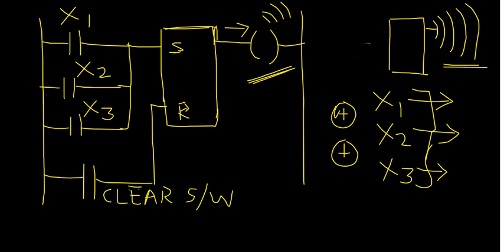That switch is connected to the reset part of the set reset coil, and ultimately that will make your motor turn off or turn on, whatever it is. Ultimately my requirement is to lift the barrier or bring the barrier back to its position. There are different mechanisms deployed for that, and those mechanisms will take care of those things.